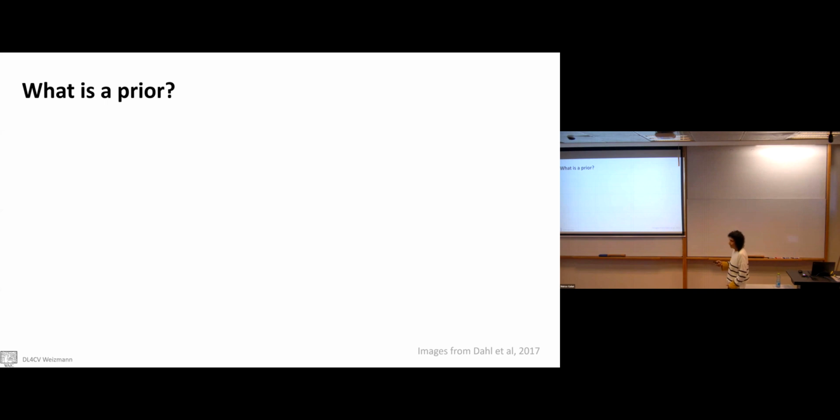I guess that you all know what a prior is. For example, two lectures ago, Tali spoke about priors in the diffusion model. But let's try to understand what a prior is in the context of an inverse problem. Say you have some low resolution image. Can anybody guess what the high resolution image is going to be?